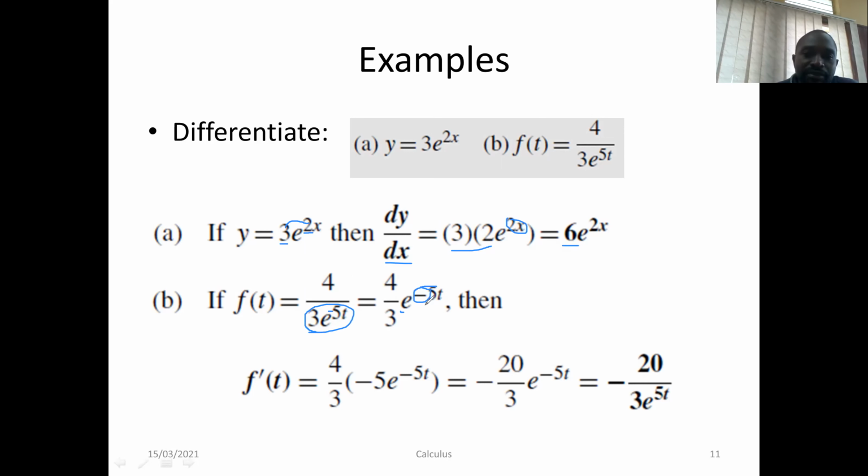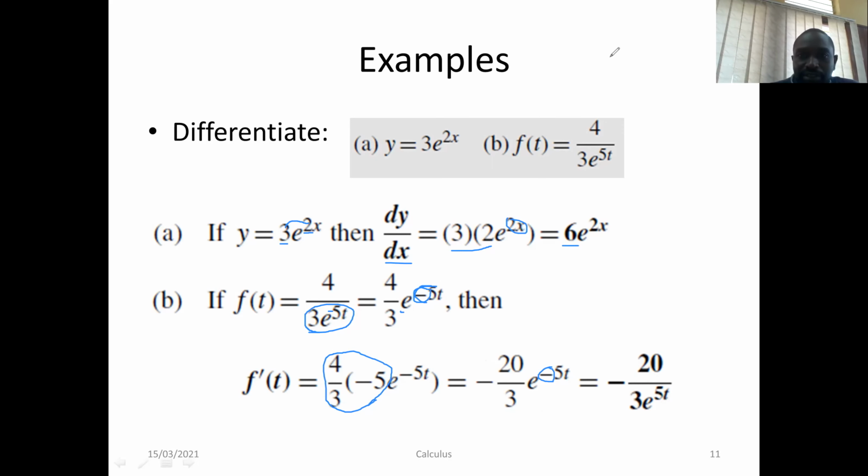Then we can apply the rule where this constant, minus 5, is multiplied by 4 over 3, which is what is illustrated here. Once we multiply these two, we get minus 20 over 3 e to the power minus 5t, which can also be written as minus 20 divided by 3e to the power positive 5t, if we change this into a positive.